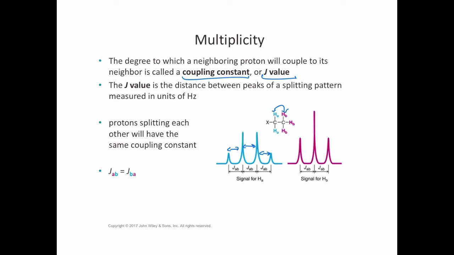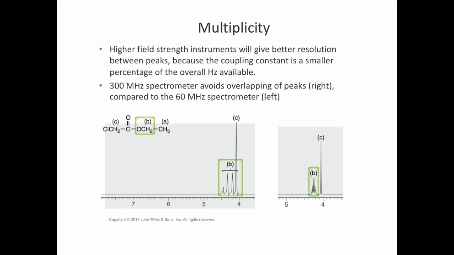So if we look at the quartet and the triplet, these coupling constants are all identical. Higher field strength instruments will give better resolution between peaks because the coupling constant is a smaller percentage of the overall hertz available. So the peaks here on the right are what you see from a 300 megahertz instrument, whereas the overlapping peaks here are due to a lower field strength instrument being used.